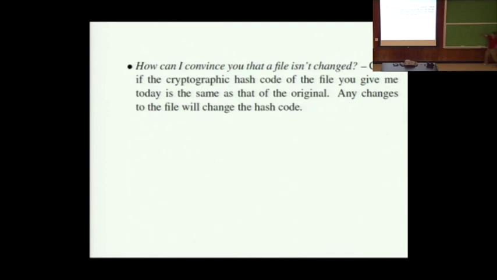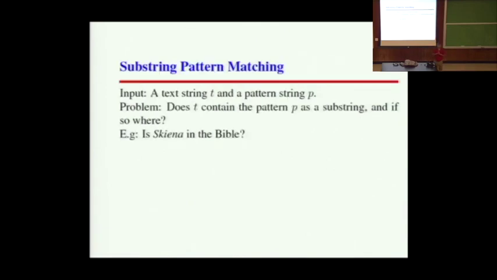So I know that what you send me later has to be the thing you had before. Any questions about that? There are a lot of examples of hash functions in action which can do these kinds of things. Any questions about hash functions and cool applications for hash functions? This is a good and important thing to know about. Any questions?